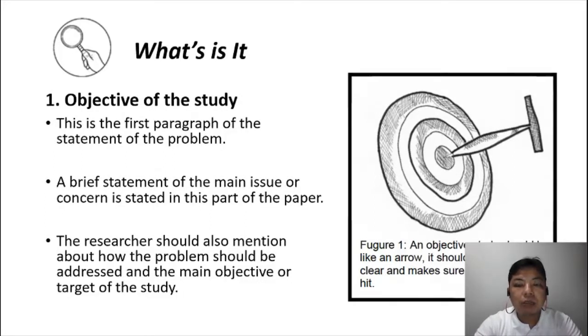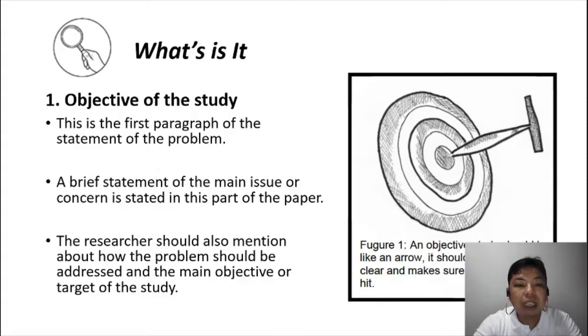So, the objective of the study is actually the first paragraph of the statement of the problem. It is a brief statement of the main issue or concern which is stated in the part of the paper. So in the statement of the problem, you are going to be giving a brief statement or a brief discussion about the main issue. Okay?